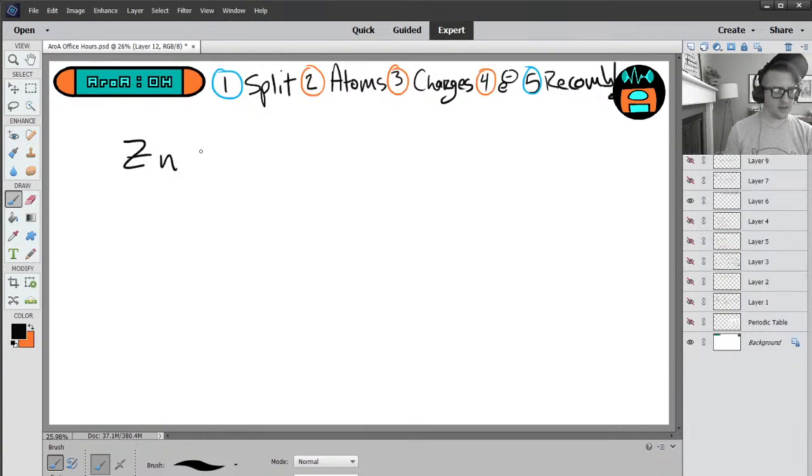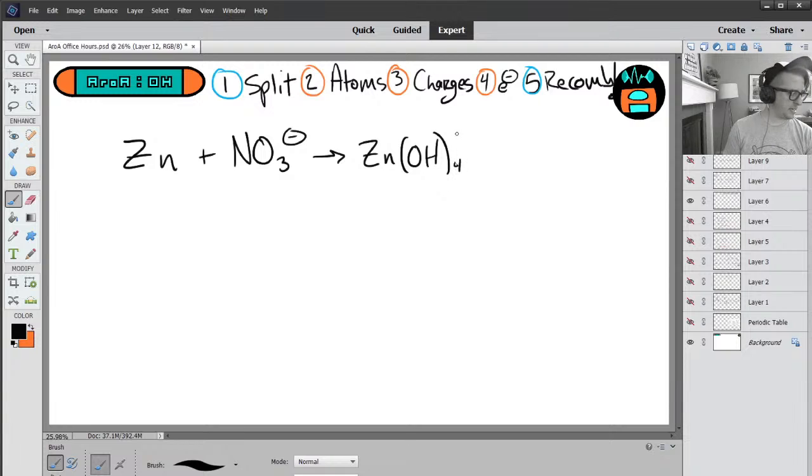We'll do zinc reacting with nitrate to produce this zinc hydroxide complex plus ammonia.